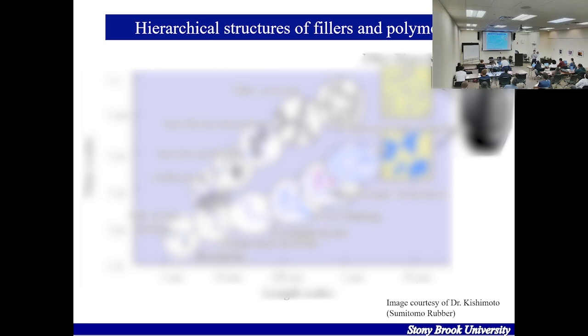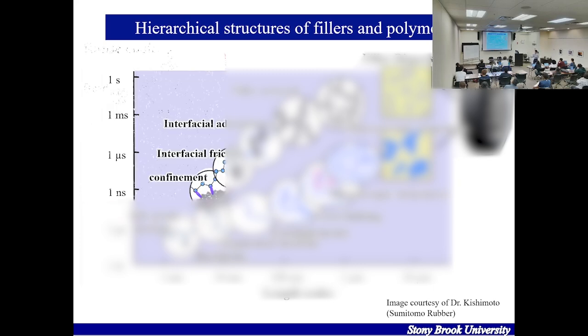Now it is time for us to do dynamics. We looked at the segmental motion here, and this is the polymer motion, because dynamics play a crucial role in the mechanical properties. We want to see how the segmental dynamics control the mechanical property.